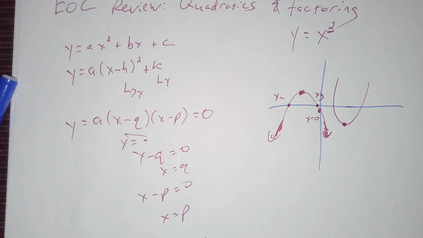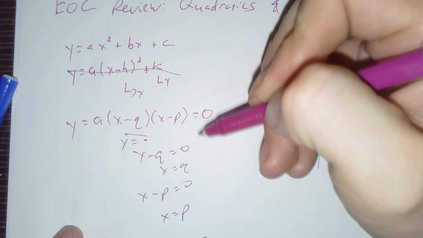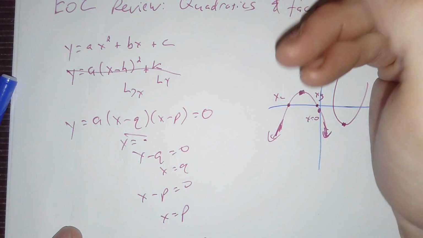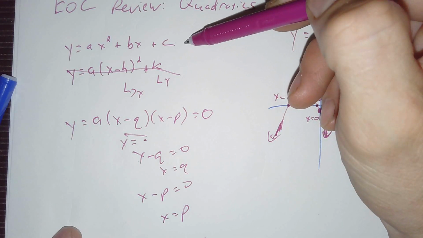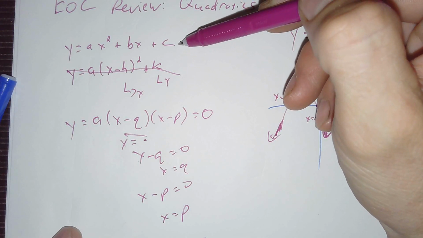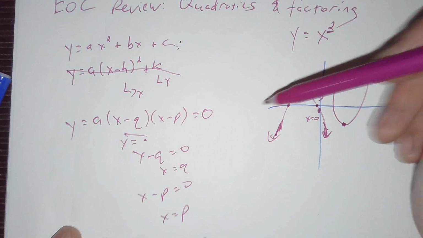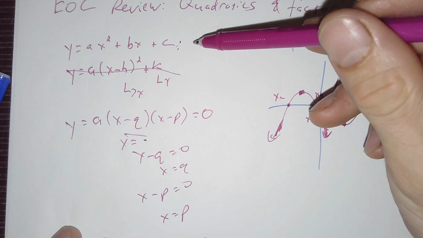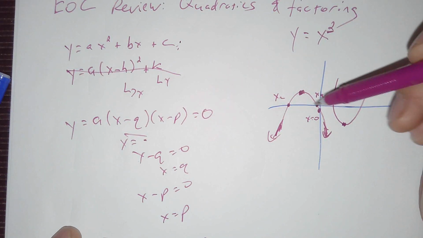Okay, so let's focus on these two equations here. If I'm given the equation in standard form, or a variation of it that I put in standard form, I can factor it into this form and it'll give me the x-intercepts.